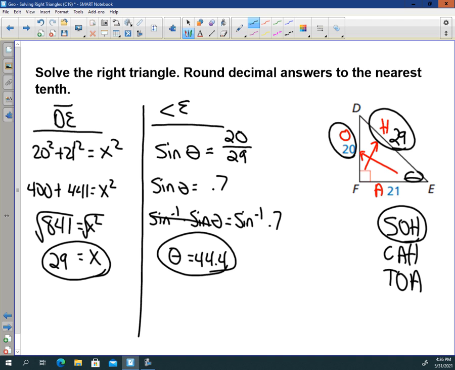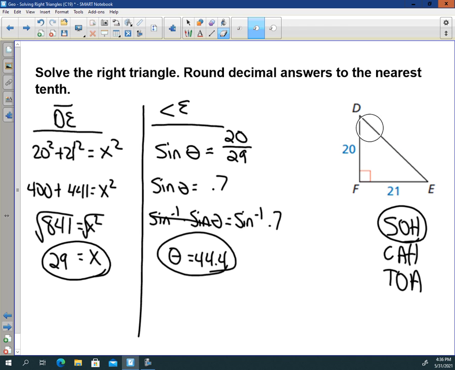And there you go. So we can get rid of some of this mess. This side was 29. And we can comfortably say that this angle here is a 44.4 degree angle, which means we just need to find this angle up here.